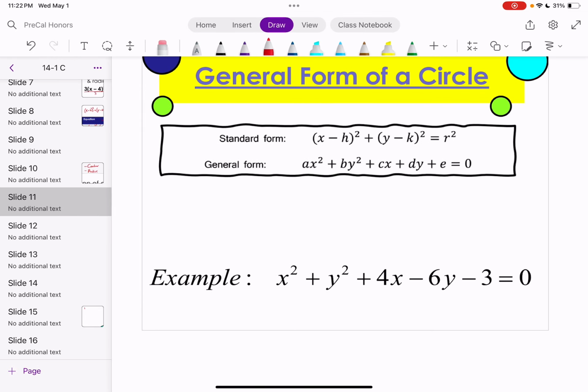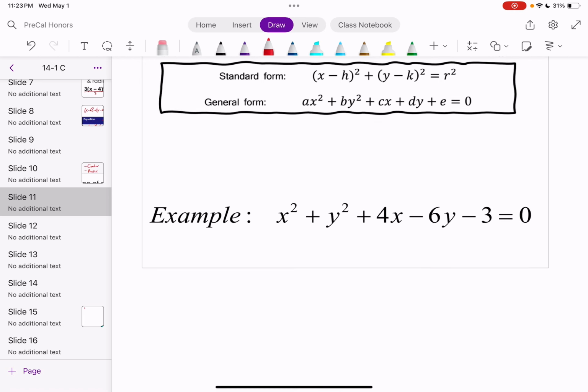On our next slide, we're taking a look at both the general and the standard form of our equation. To get a better understanding, the standard form compresses all of our terms together to be within squares, while the general form breaks everything out into individual terms and is set completely equal to 0. So our first step is to group all of the like terms.